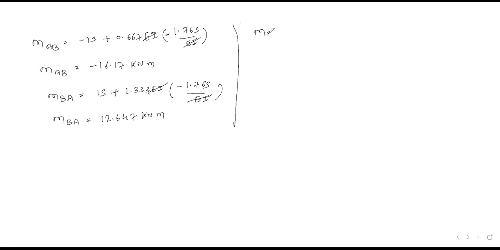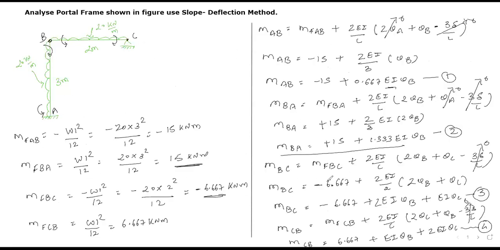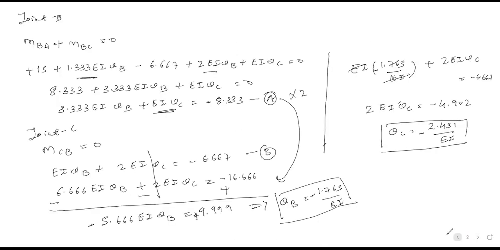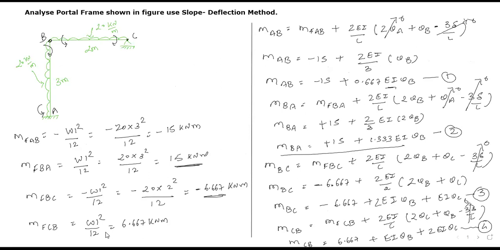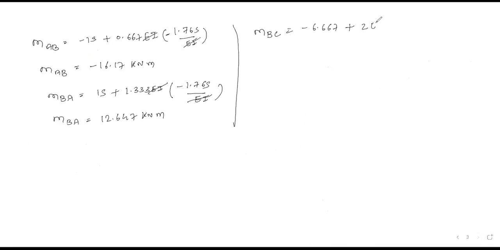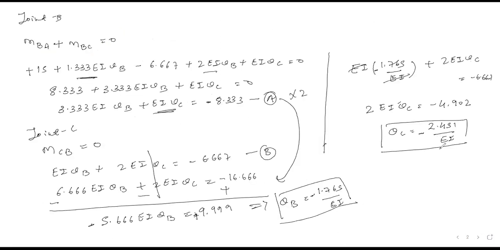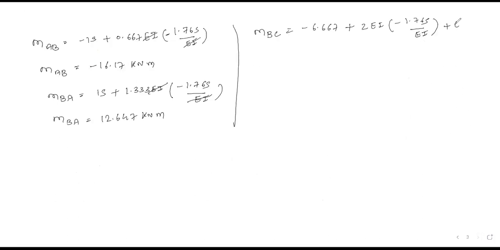Similarly, MBC should be equal to, see equation number 3, minus 6.667 plus 2 EI and put the value of theta B, that is minus 1.765 divided by EI, plus EI theta C. Theta C is minus 2.451 divided by EI.